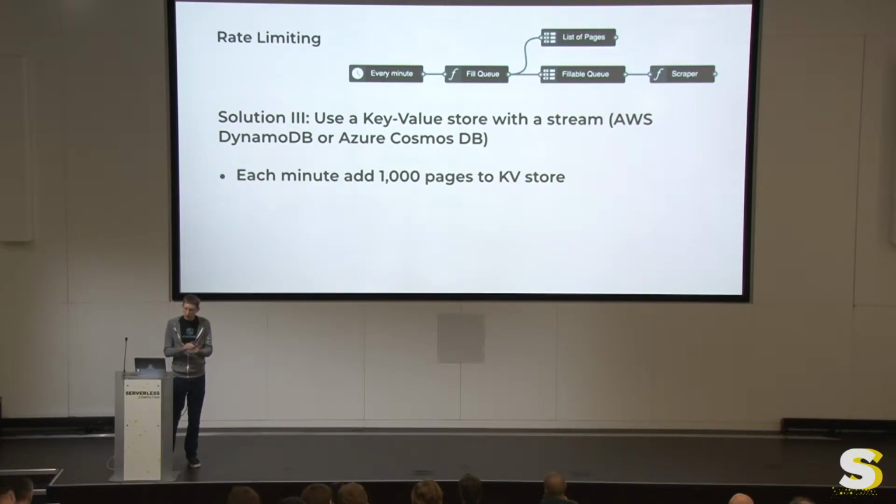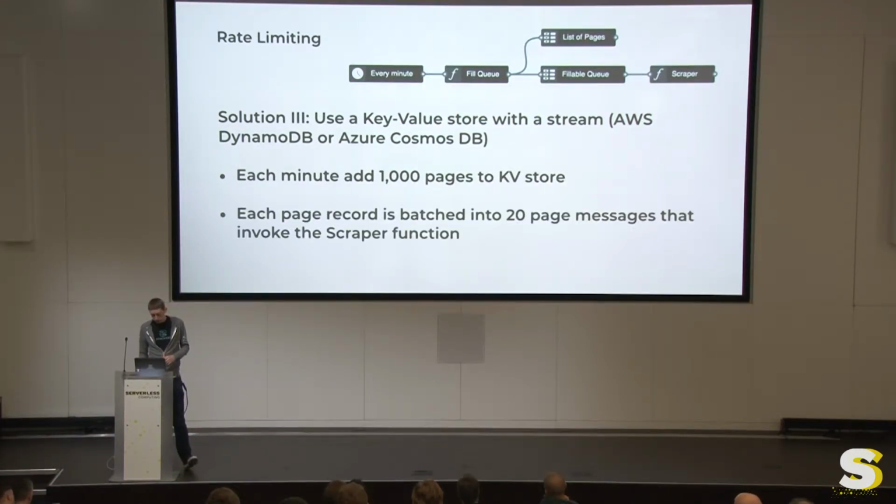We can say, again, we've got a fill queue function that is going to, every minute, add 1,000 pages to the key value store. Each page record is then batched into a certain batch size, 20 messages, that are going to invoke our scraper function.